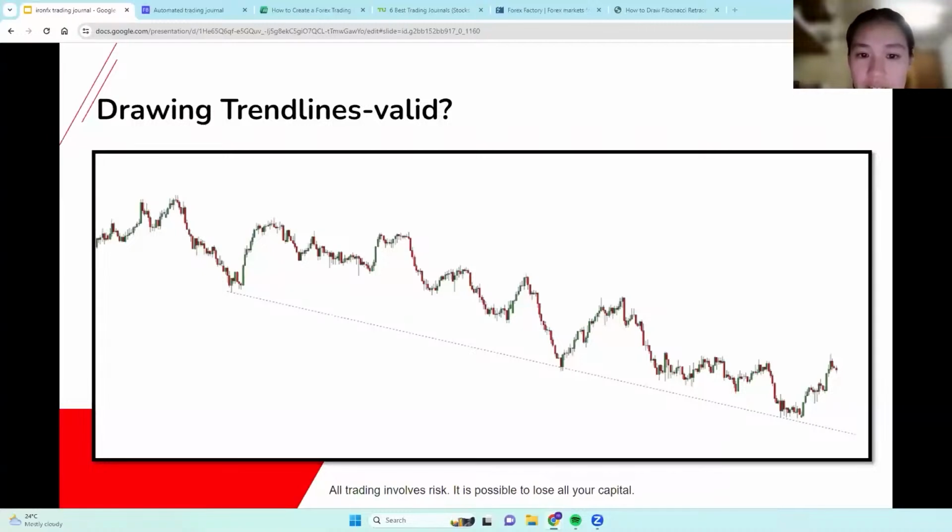Okay, someone said that it's not valid. Yep, it is not valid because we mentioned that if it's a descending trend channel or trend line, the touch has to be on the top and not on the bottom.